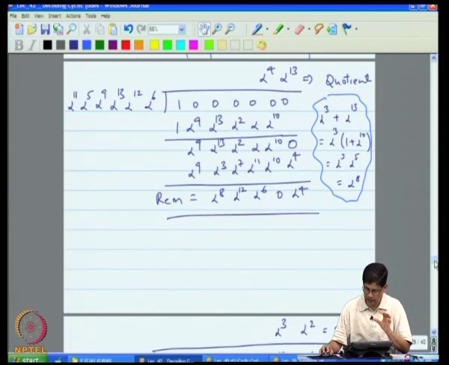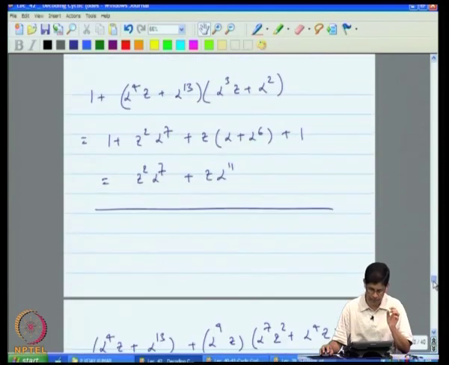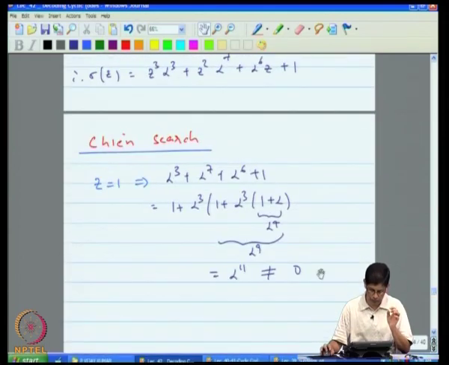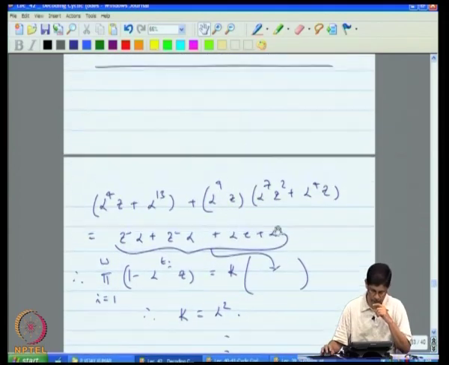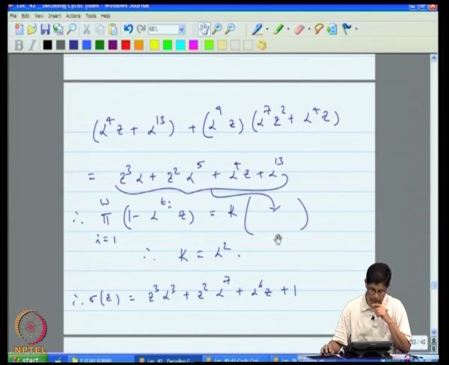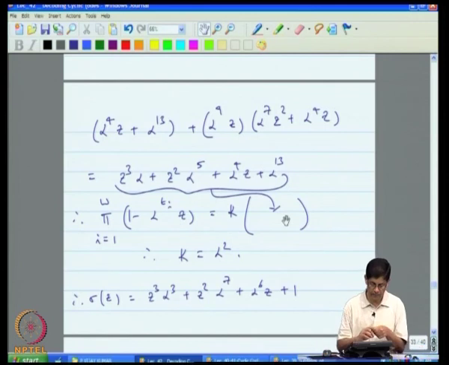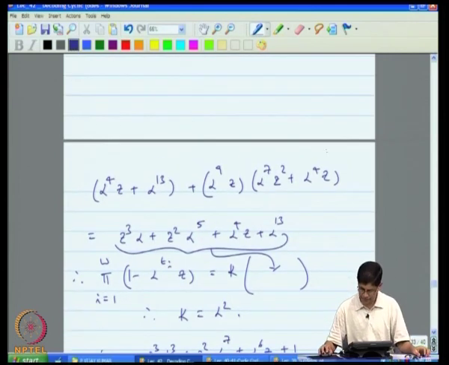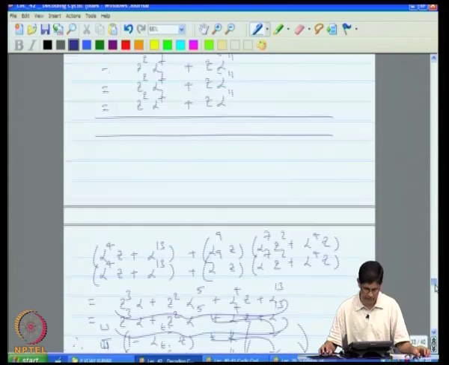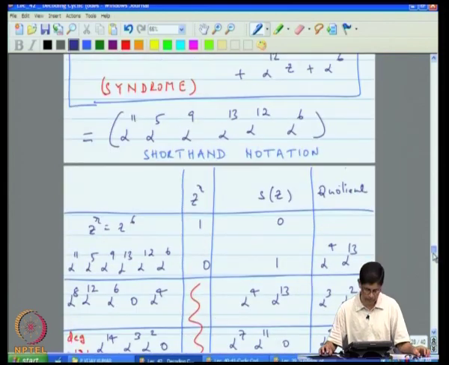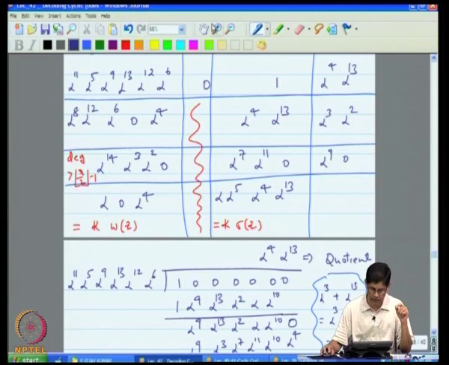Okay, how do you figure out that constant? That is easy, because what you know is that... Another point to be made here is that in this table what we actually got is omega of z and this is sigma of z.